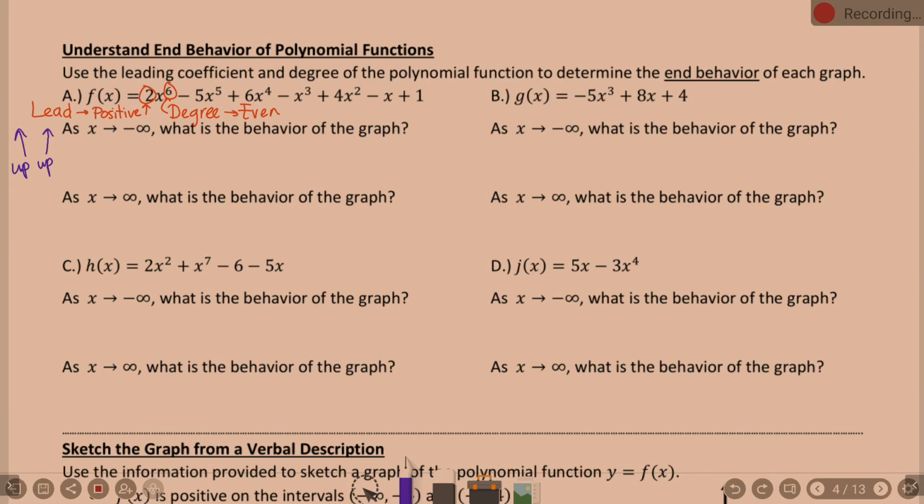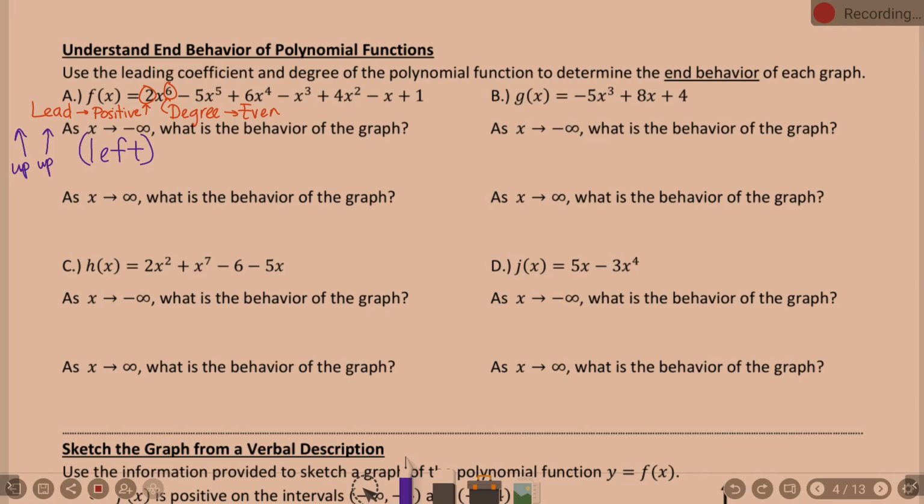So this is saying as my graph moves to the left, as x approaches negative infinity, what is the end behavior? Well, on the left side, what is my graph doing? It's going up. What is up in terms of y?